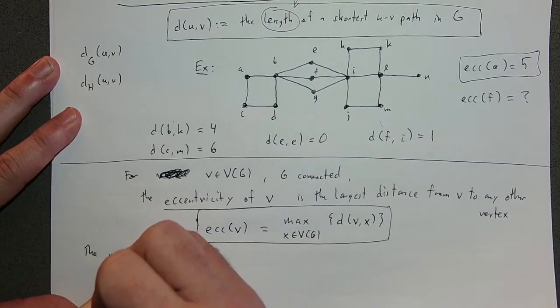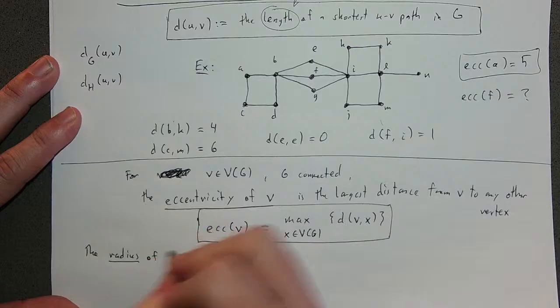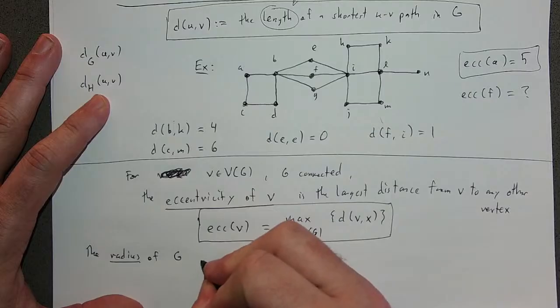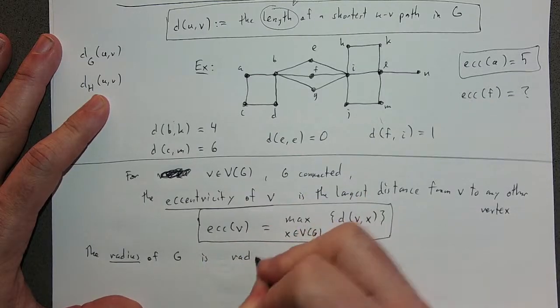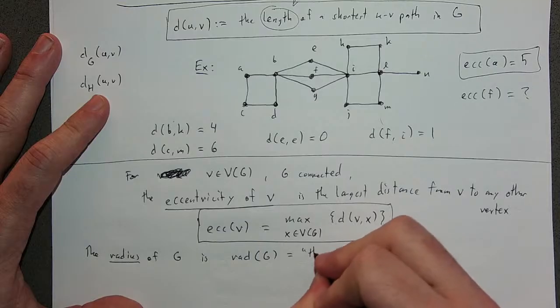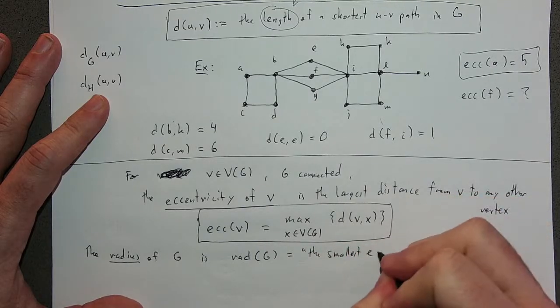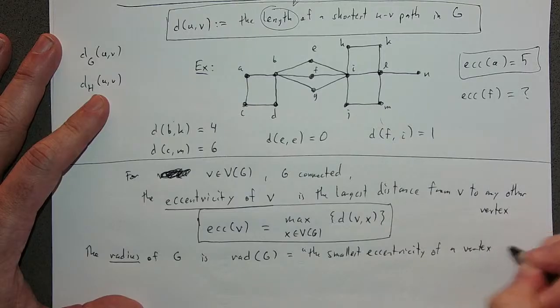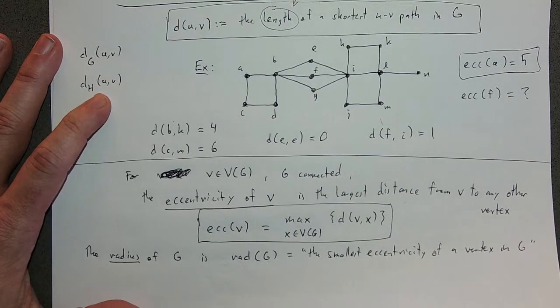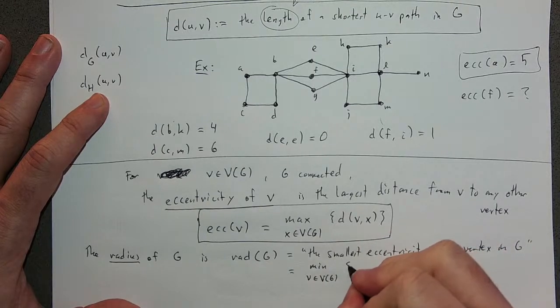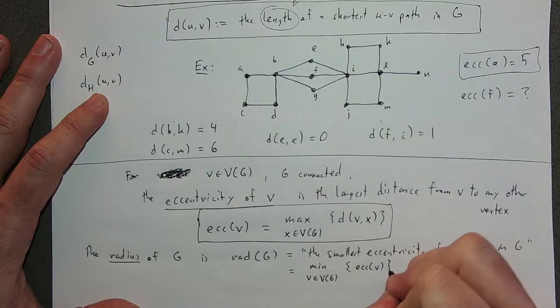The radius of a connected graph G, though we're going to see how to apply this to any graph, is the value of the smallest eccentricity of G. So the radius of G is the smallest eccentricity of a vertex in G. Precisely, we could write this as the min over vertices V in the vertex set of G of the eccentricity of V. So this is the smallest thing.